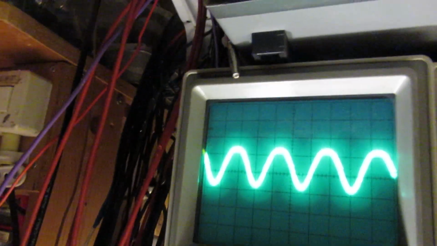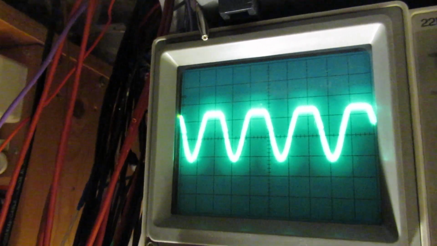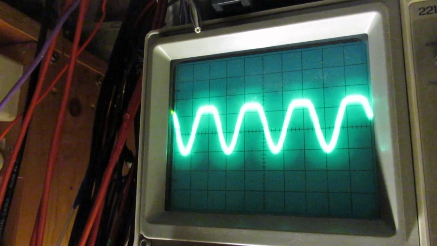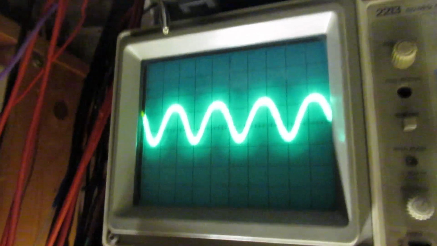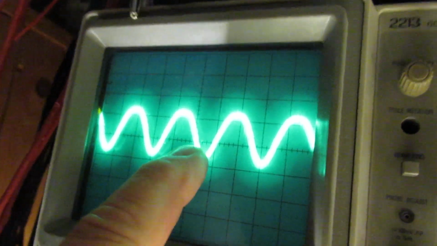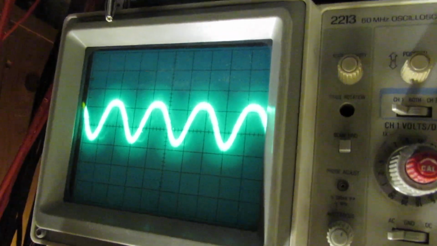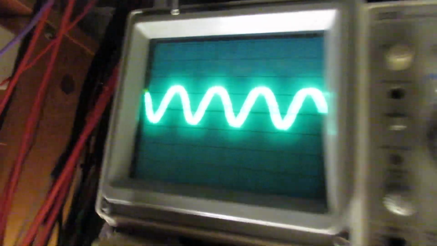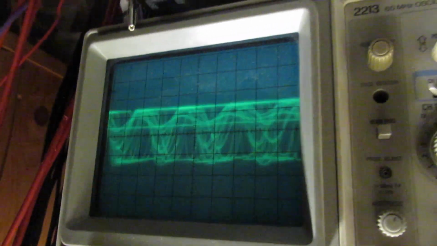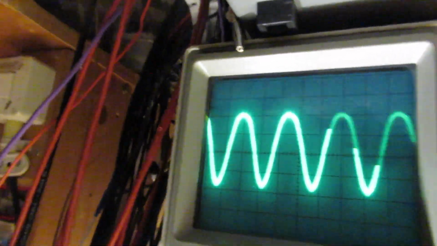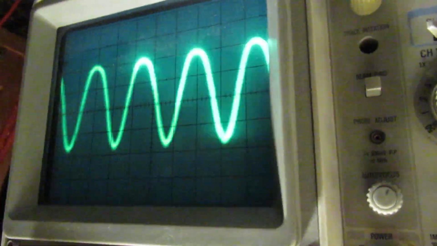So now we again have a good, healthy situation, though there is still visible crossover distortion. Anyway, let's go to the lowest frequencies. Many amplifiers don't have good properties on low frequencies. Well, this is, I think, quite good.